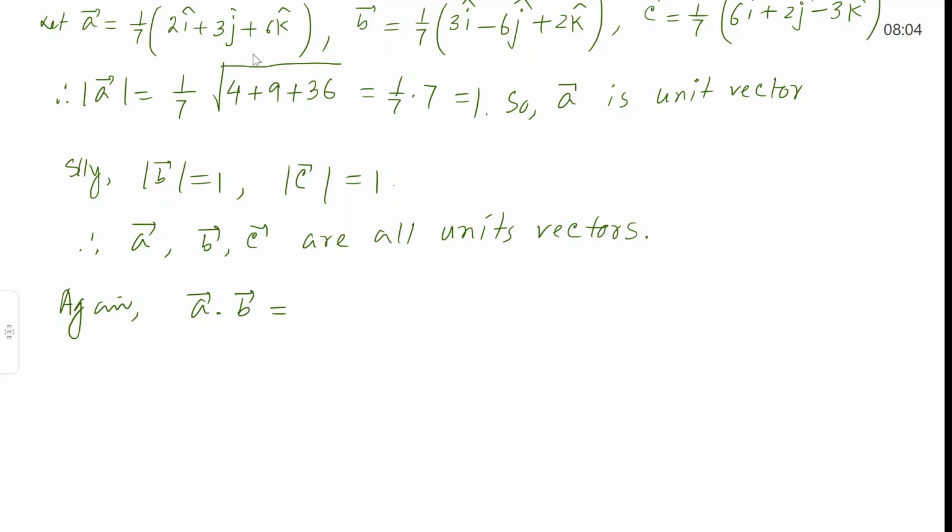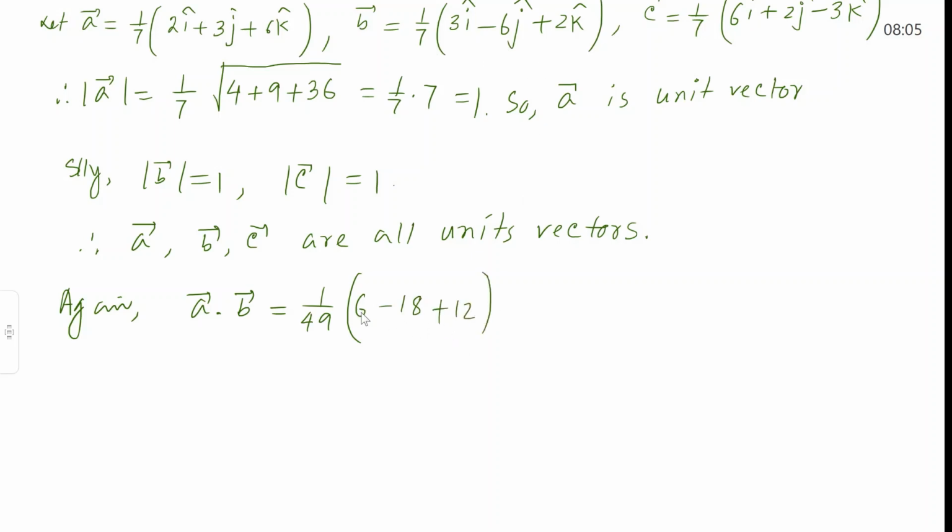So A dot B is equal to 1 by 7 into 1 by 7. This scalar part is directly multiplied, it's simply 1 by 49. Then take the dot product of this part and this part. So 2 into 3 gives 6, then 3 into minus 6 is minus 18, then 6 into 2 is 12.